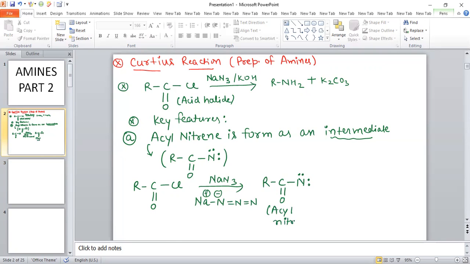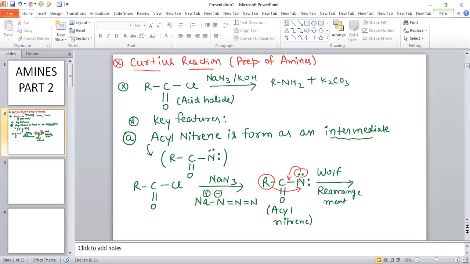First of all, acyl nitrene is formed, and then there is the Wolff rearrangement. How does this rearrangement occur? See, the double bond on the nitrogen atom will shift between carbon and nitrogen, and this R group will migrate onto the nitrogen atom.